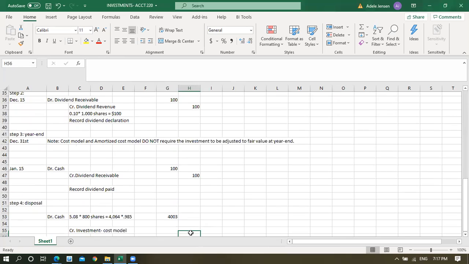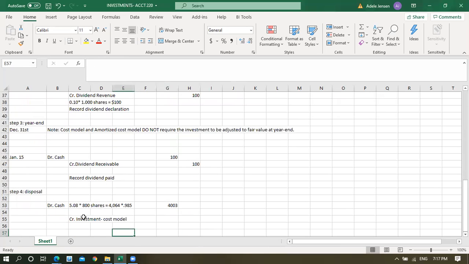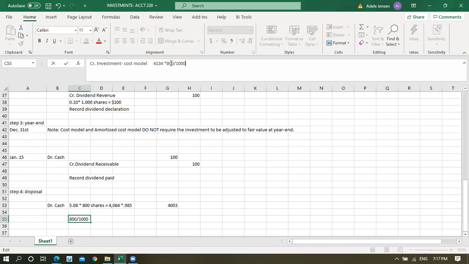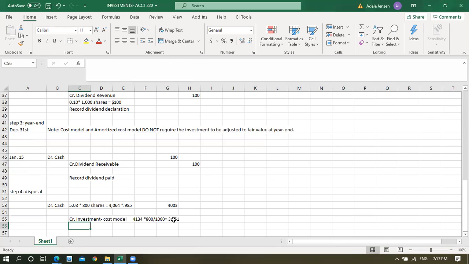So that is the carrying value of those, 4,134, I believe I said. That is the carrying value of all the 1,000 shares. So we need to multiply by 800 shares and divide by the 1,000. So that will ensure that we actually get the correct carrying value for the 800 shares. So that's 3,451. So let's put that here, 3,451.